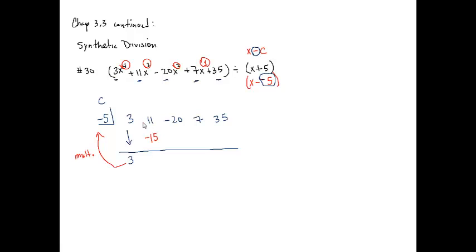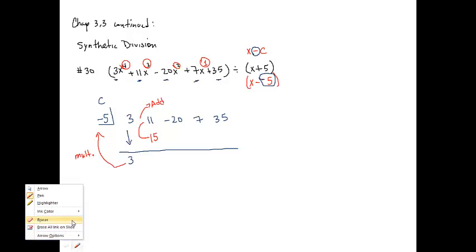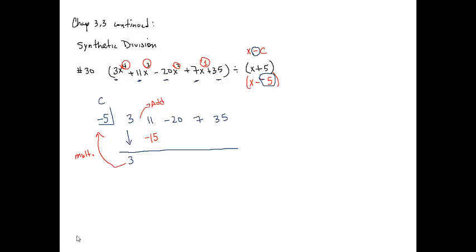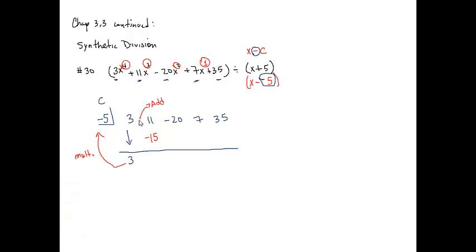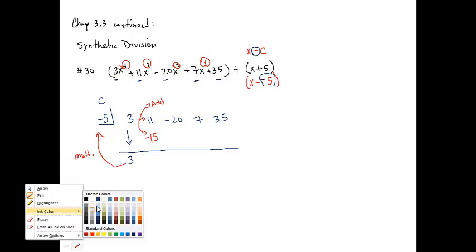And then you add these two. So 11 plus -5 is -4.